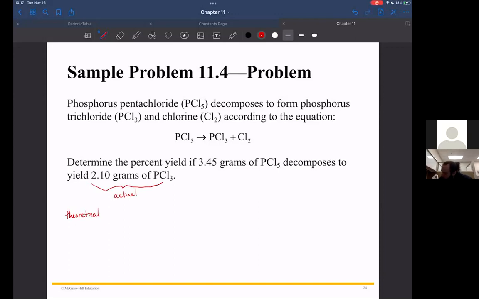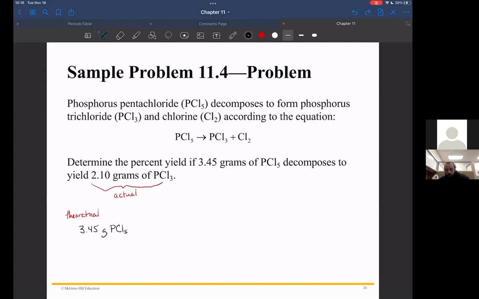So first of all, I'm going to start with what's given, the 3.45 grams of phosphorus pentachloride. And I need to get to grams of phosphorus trichloride. So remember, we have the same sort of strategy over and over again, and that is we need to use our balanced chemical equation. So we need to get to moles.